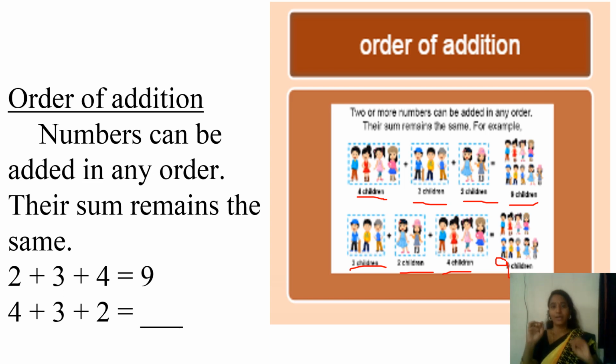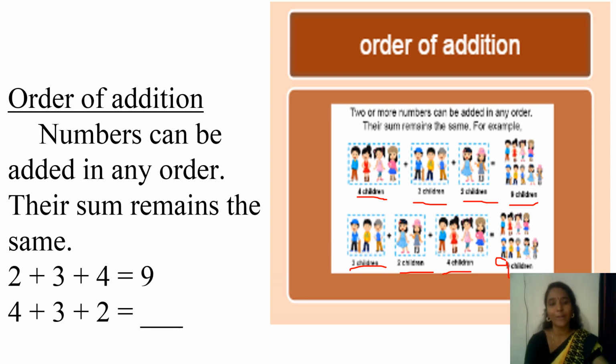Now, let me ask you the same question in another manner. How many chocolates did your mother give? 3. How many chocolates do you have? 5. How many chocolates did your father give? 2. 10. Is the answer the same? Yes. Like that, the answer remains the same.